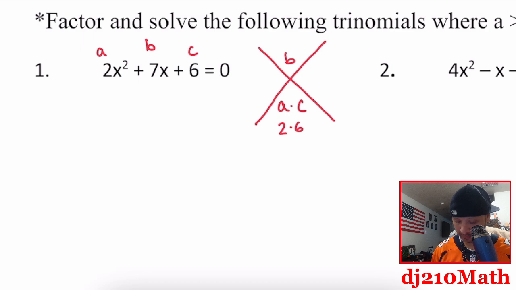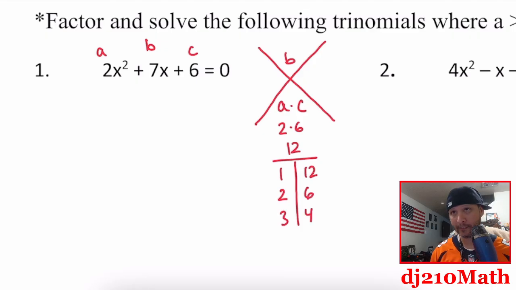So 2 times 6. 2 times 6 is 12. We come up with a list of numbers that multiply to make 12. 1 and 12, 2 and 6, 3 and 4. There's the list. This has to add up to 7. Now, moving forward, I'm not going to write B, A, and C. Just on this first one, understand where things go.